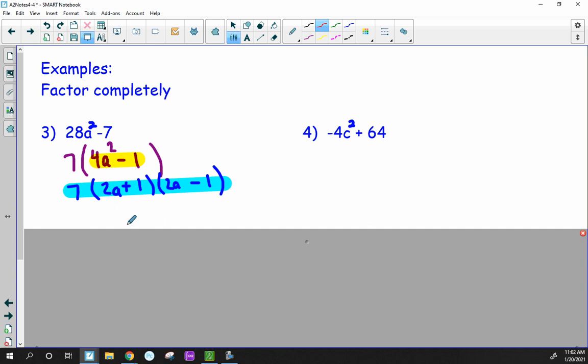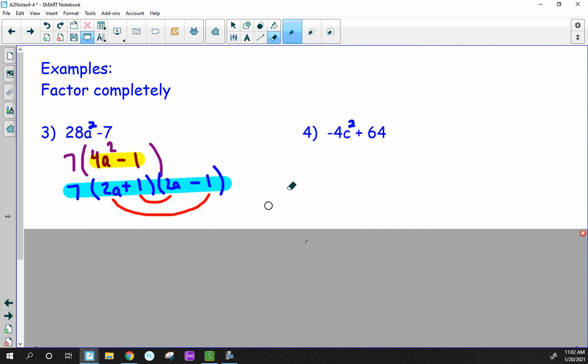And then a very quick check on the O and the I. 2a times negative 1, kind of jot that down quickly, and 1 times 2a. I have a negative 2a and a positive 2a, which is 0a, and that's a good thing because I don't see a to the first in this problem. So I know my signs are correct.